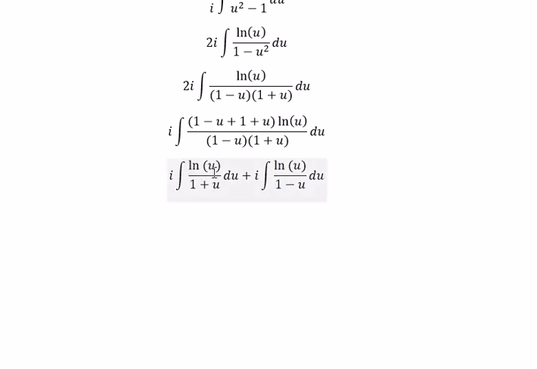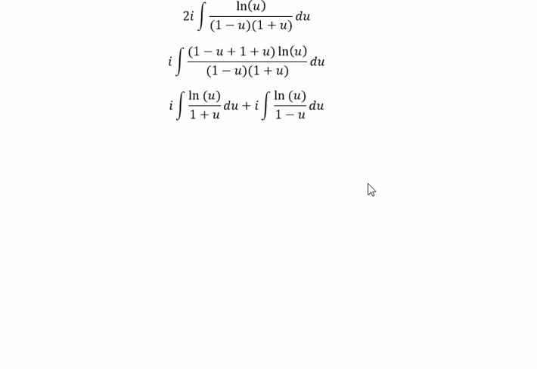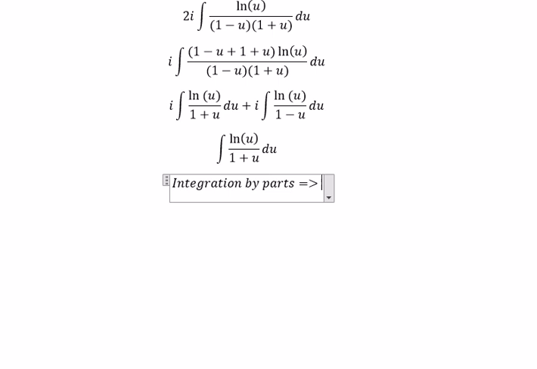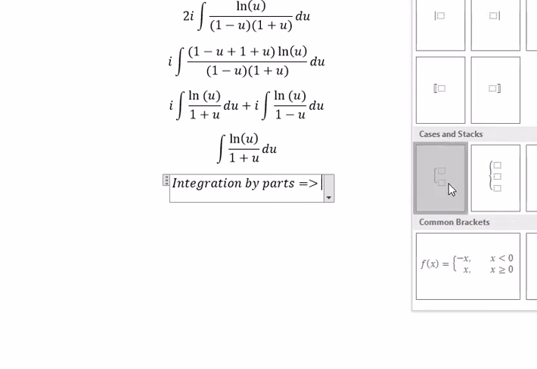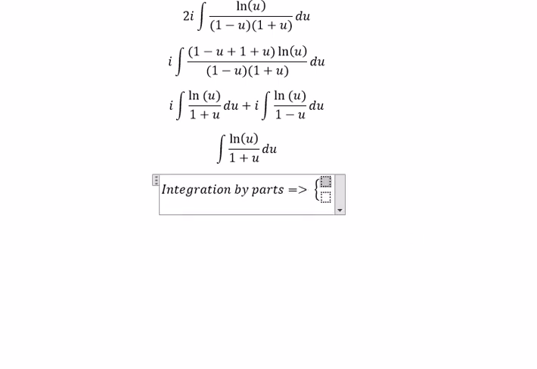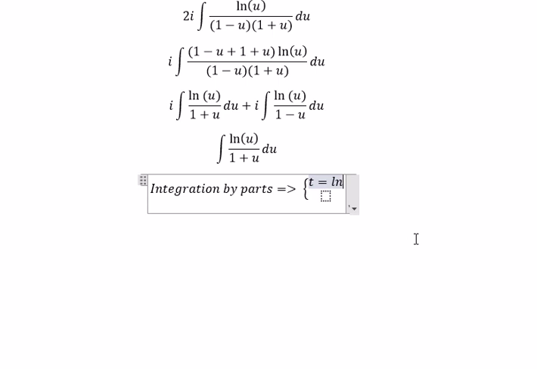Now let's consider the first integral in here. We can use integration by parts. So we have t equal to ln of u.